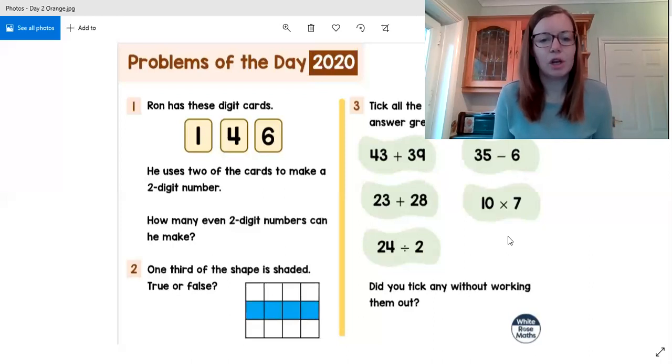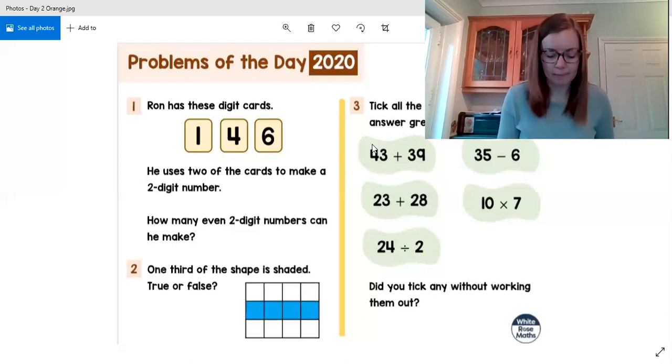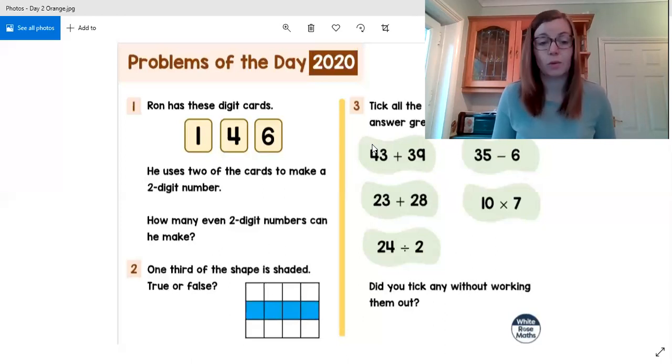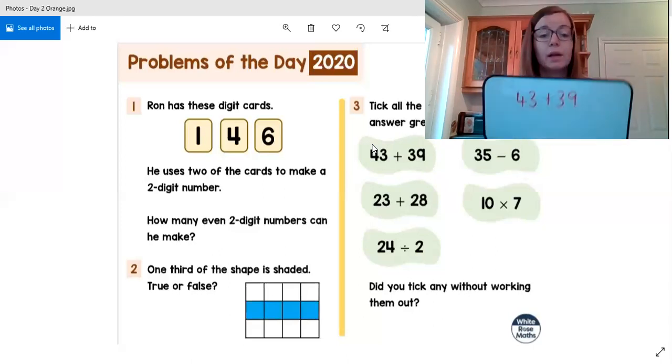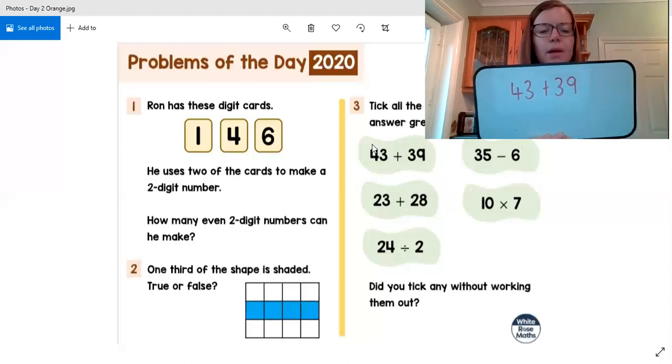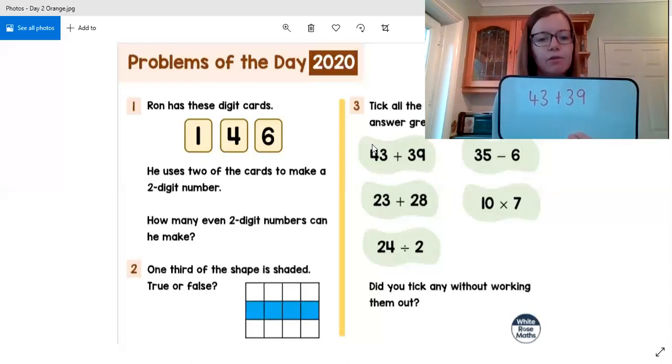Okay, let's have a look at the first calculation they've given us. 43 plus 39. Now, I think I know whether I can tick this one or not without even doing my addition. Because 43 is bigger than 40. We have our 4 tens. We've also then got 3 units. So this is already bigger than 40.